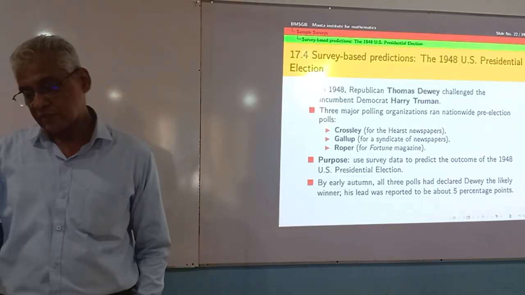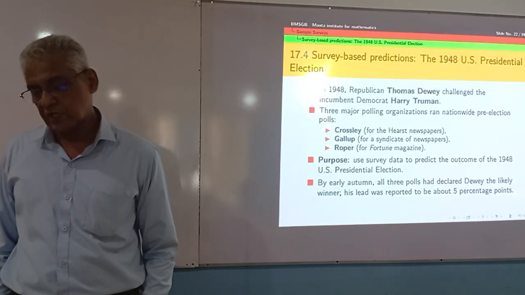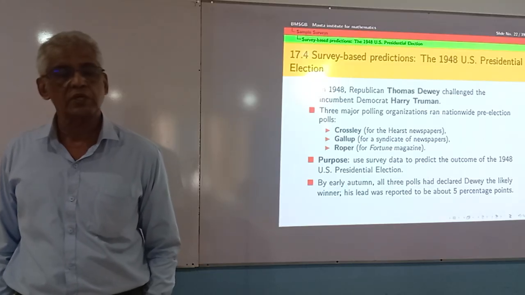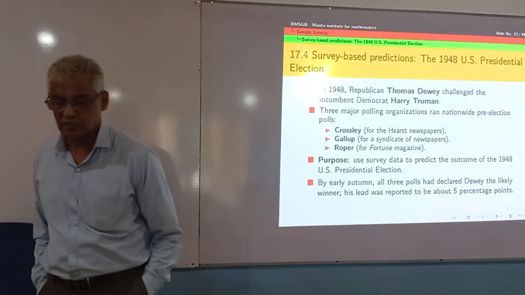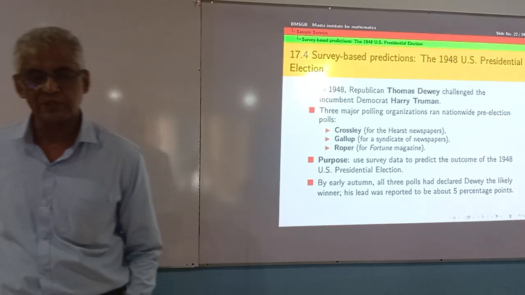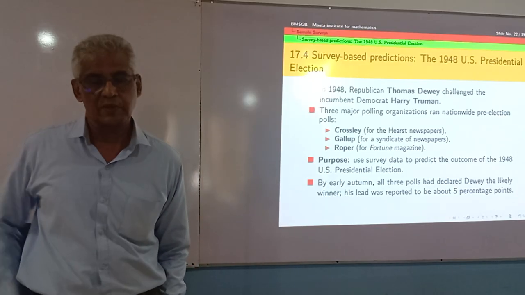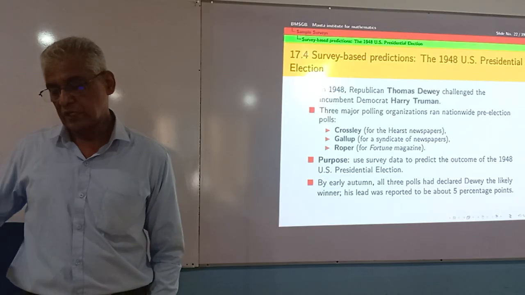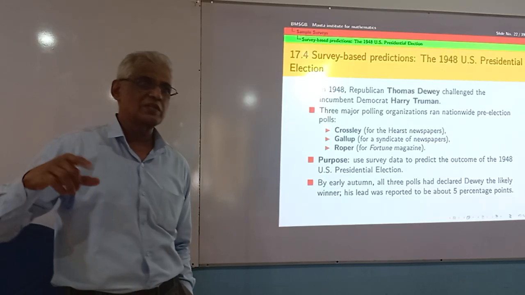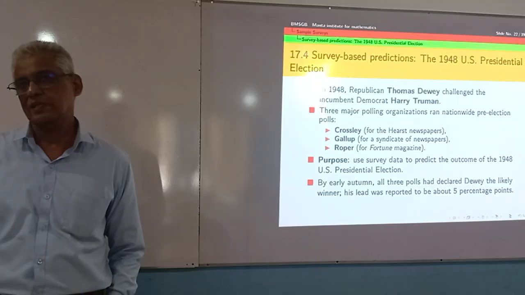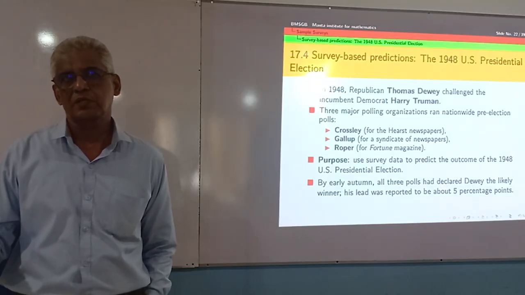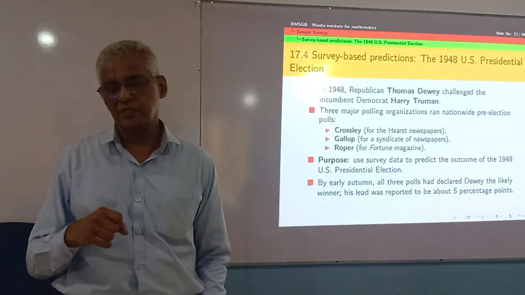Now all these three surveys used something called quota sampling in this case. This quota sampling is kind of a non-random sampling method. In quota sampling, they try to select a sample to represent the population.